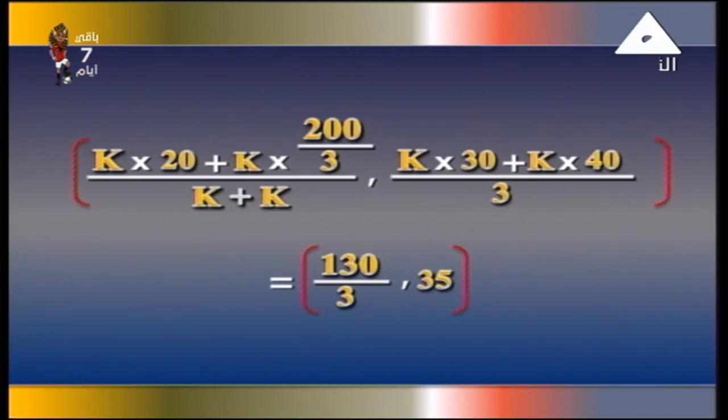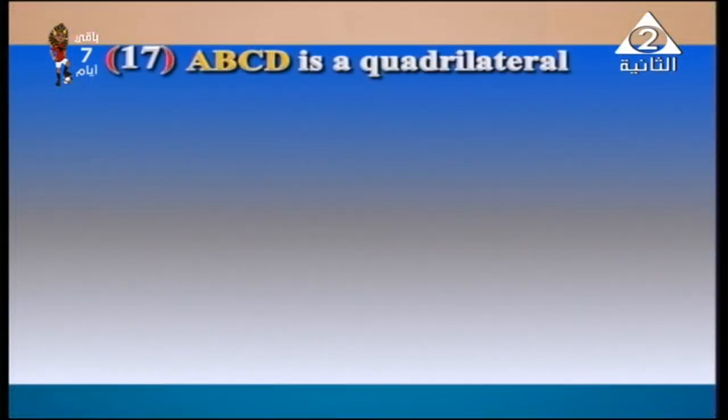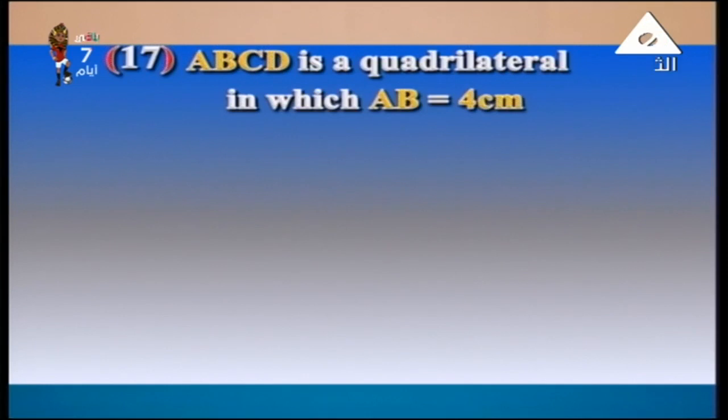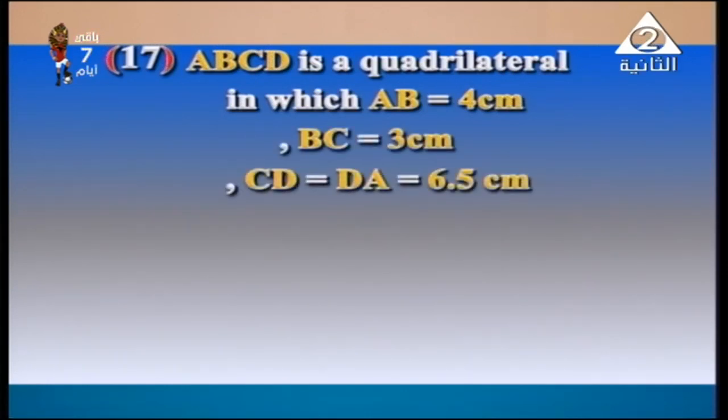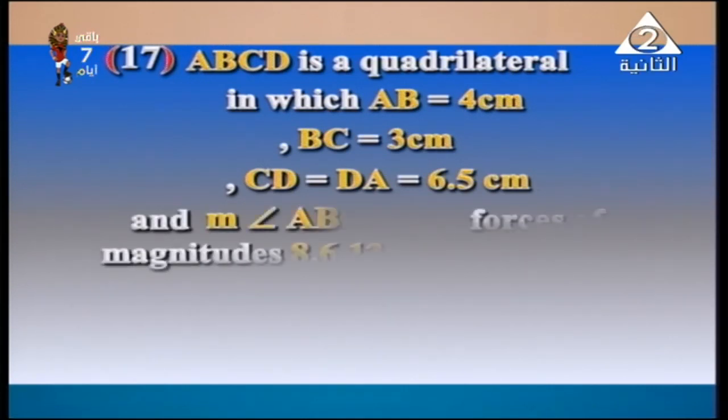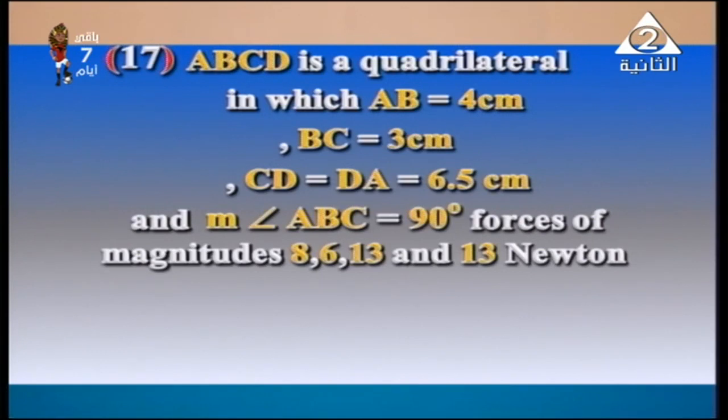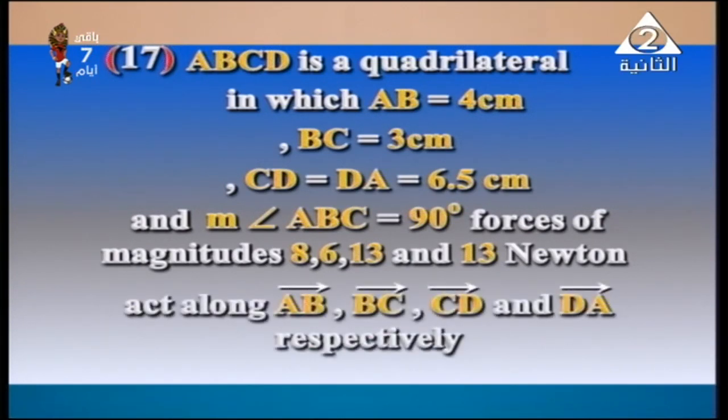My dear student, look at the important example. ABCD is a quadrilateral in which AB equals 4 centimeter, BC equals 3 centimeter, CD equals DA equals 6.5 centimeter. Measure of angle ABC equals 90 degrees. Forces of magnitude 8, 6, 13 and 13 Newton act along AB, BC, CD and DA respectively.